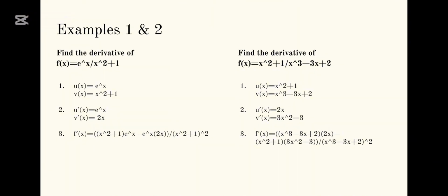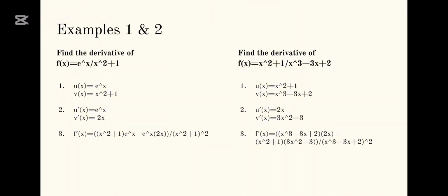Same as the last example, the derivative of e to the x will be e to the x, and the derivative of v of x, we're going to multiply the 1 by 2, so that's going to be 2x, and subtract 1 from the power of 2, so it's just going to be 2x. Then we're going to use the formula of the quotient rule that we just saw in the past slides.